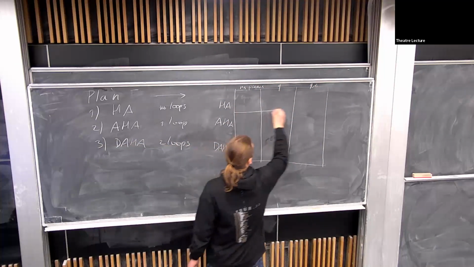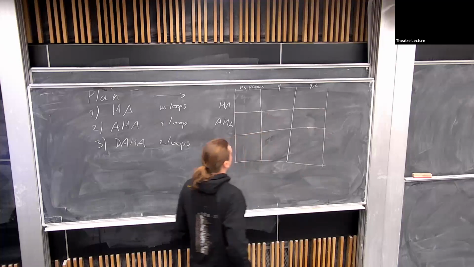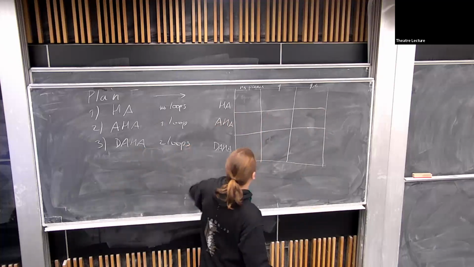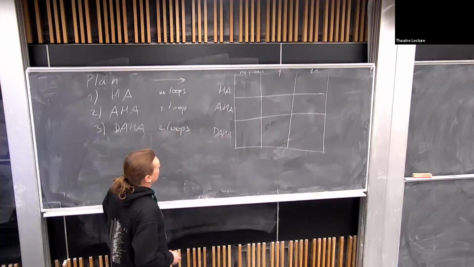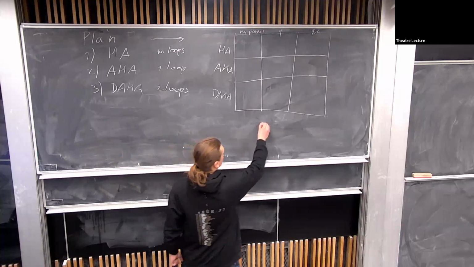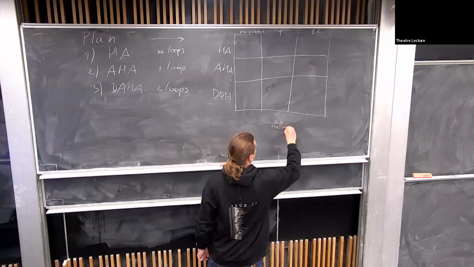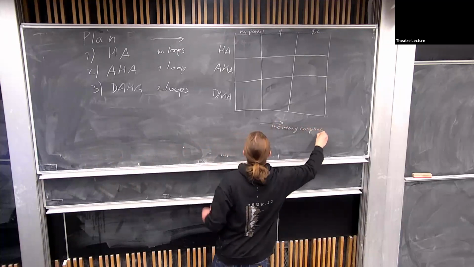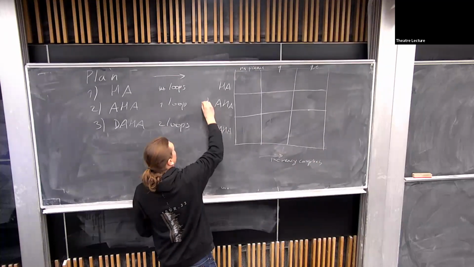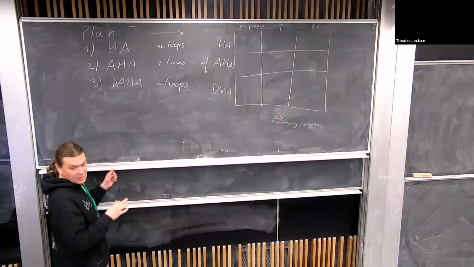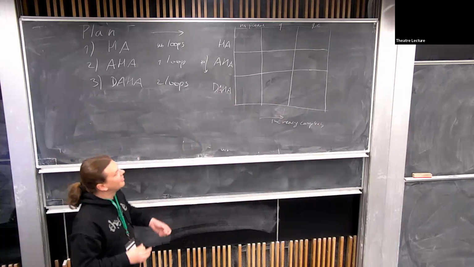So it is increasing complexity in this direction, and this one is increasing number of loops. Is there something unrelated in that top right corner?